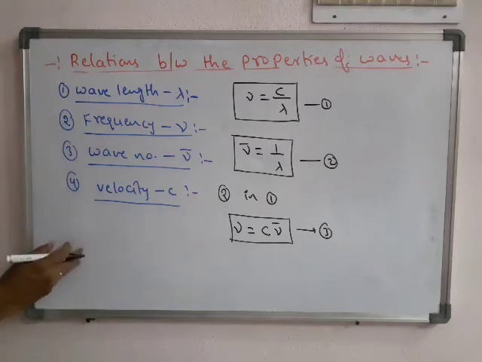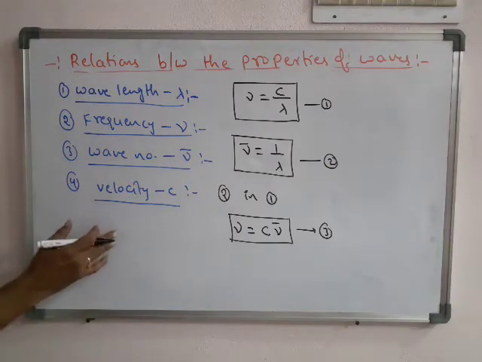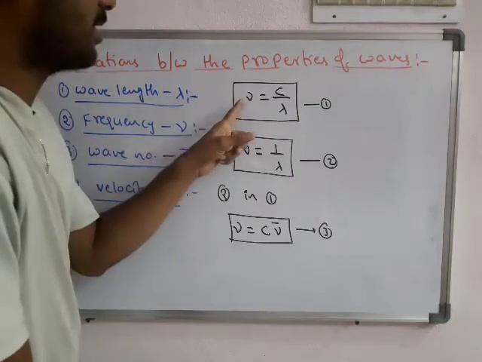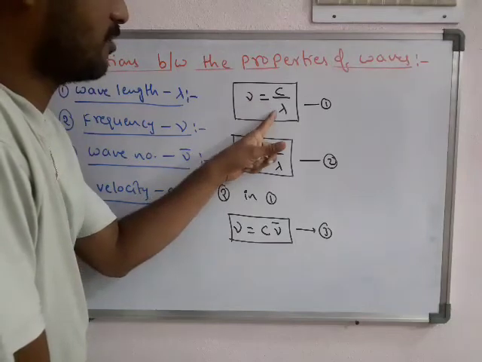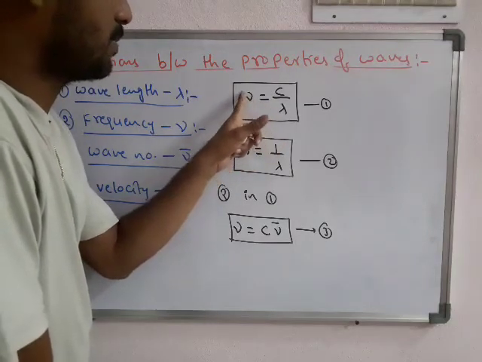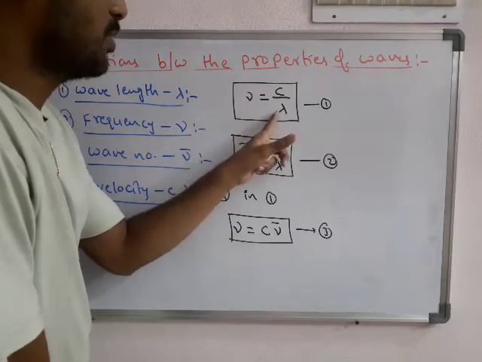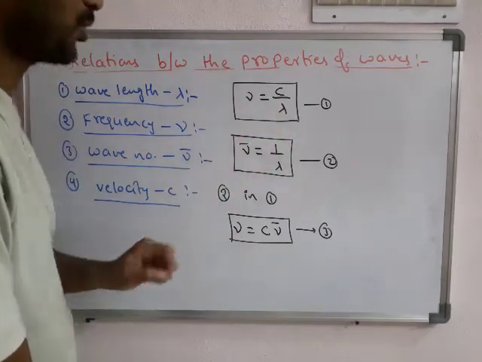We can write some other relations also, which are useful in problems. What is the relation between nu, the frequency, and wavelength? Lambda is in the denominator and nu is in the numerator, so both are inversely proportional.